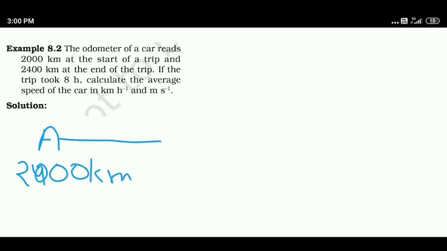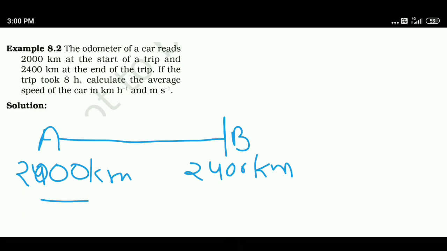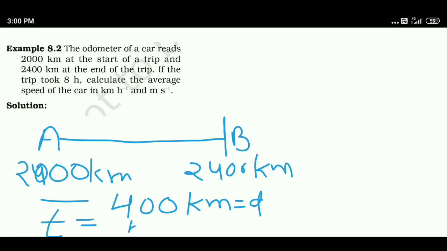Now when our trip ended, it reads 2400 kilometers. So do you know how much distance we have traveled within our trip? It will become 400 kilometers, that is the distance. Now the trip took 8 hours, that means time is also given, 8 hours. Calculate the average speed.